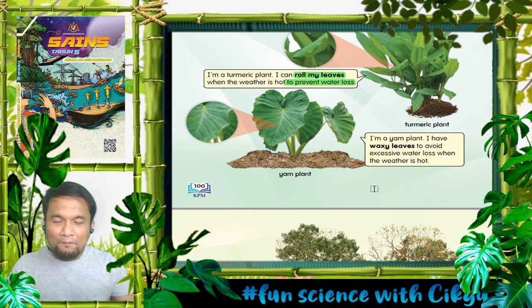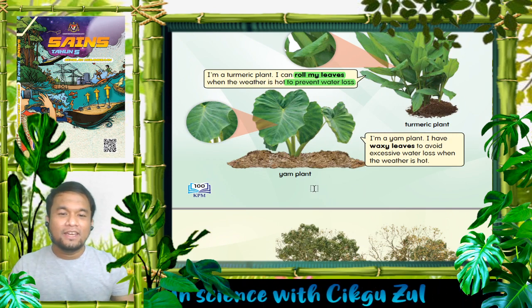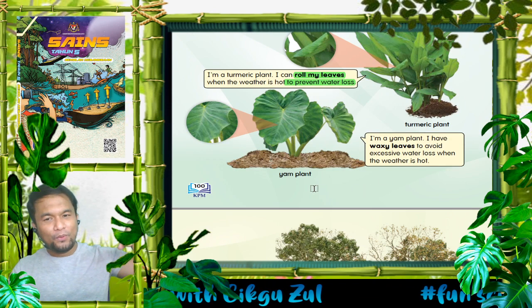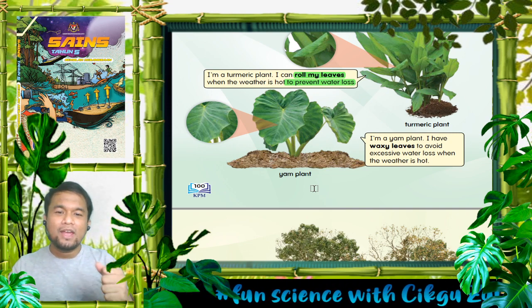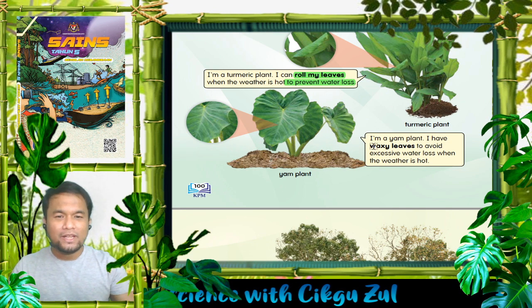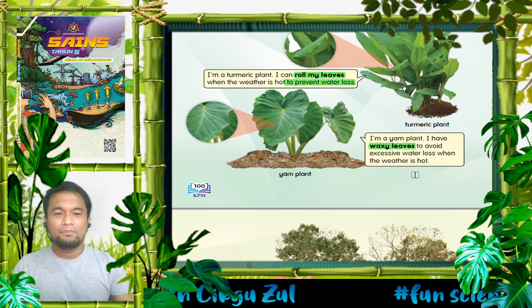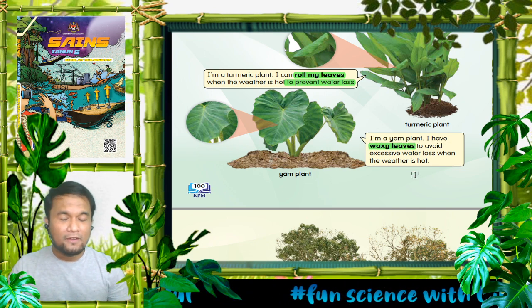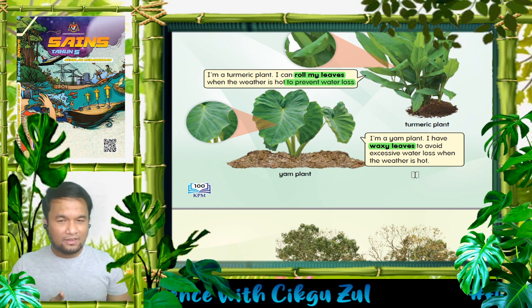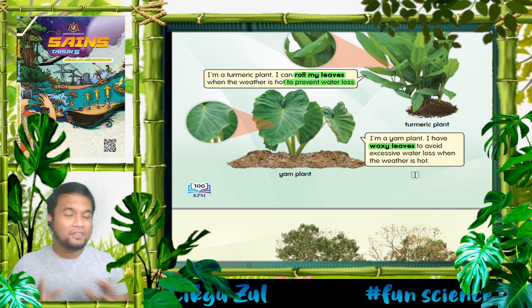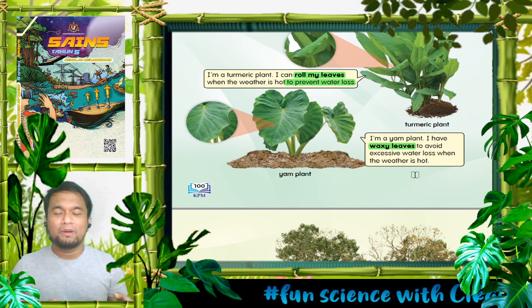What about the yam plant? Pokok keladi. Bila kita curahkan dia, when we pour water on the leaf, it will not get wet. Why? Because the plant has a waxy leaf. Dia ada lapisan berlilin. Air dan lilin tidak dapat bercampur.